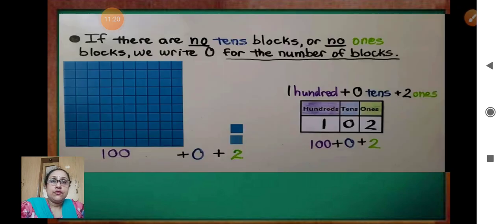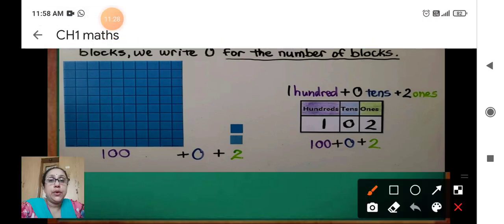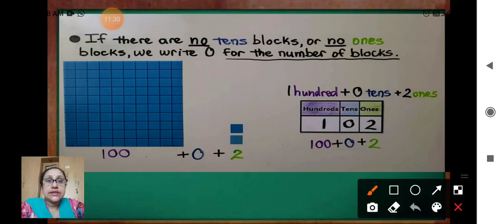Now, if there are no tens blocks or no ones blocks, we write 0 for the number of blocks. Here you can see this is the block of 100 plus 0. So here the tens blocks is not there. Okay, tens box is missing.